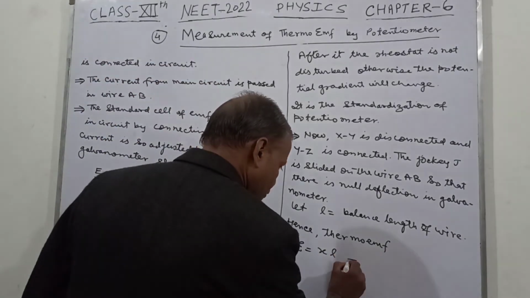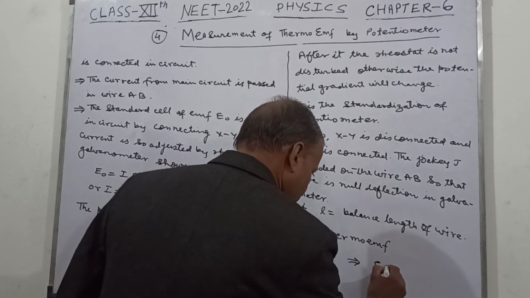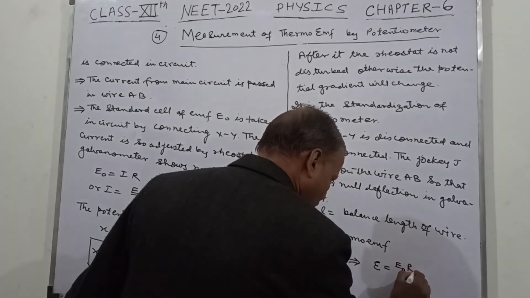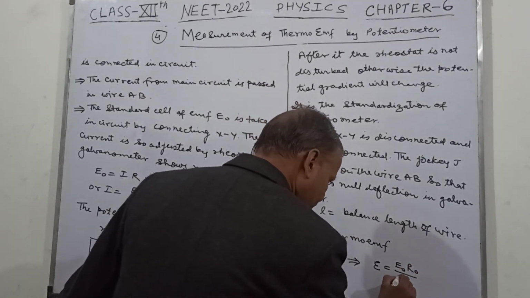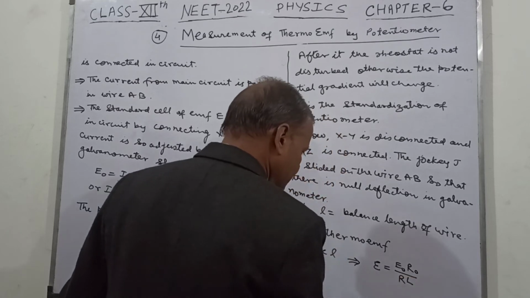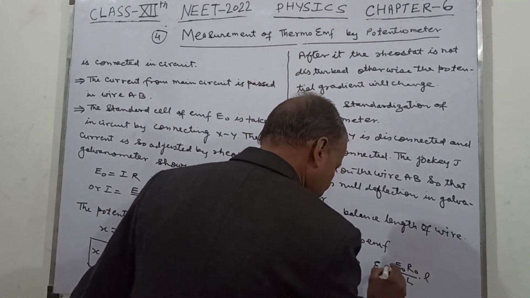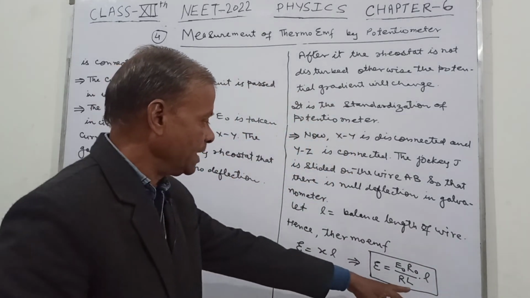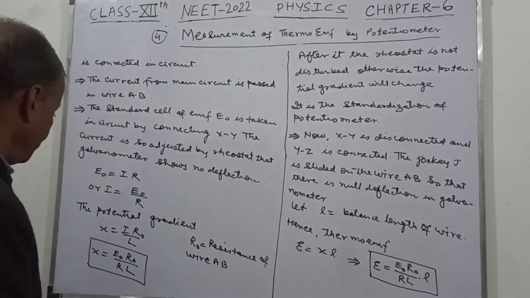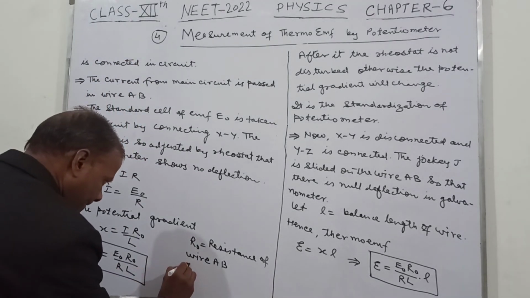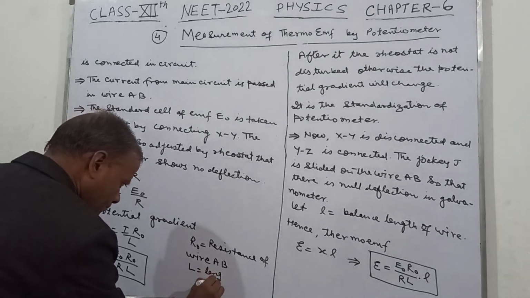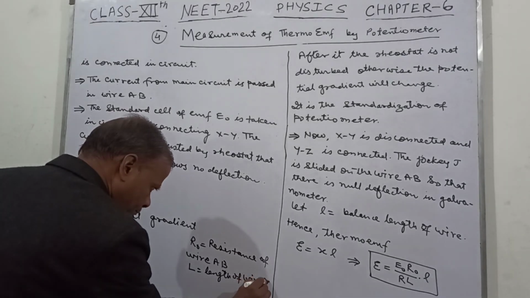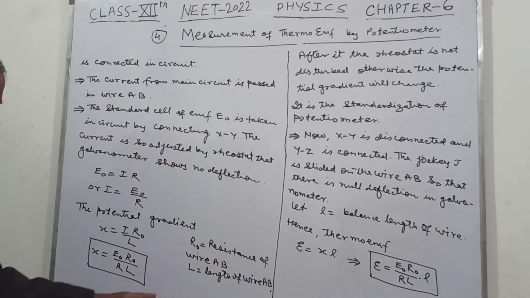So this gives you E equals E0 R0 upon R L into l, where capital L is the length of the potentiometer wire AB.